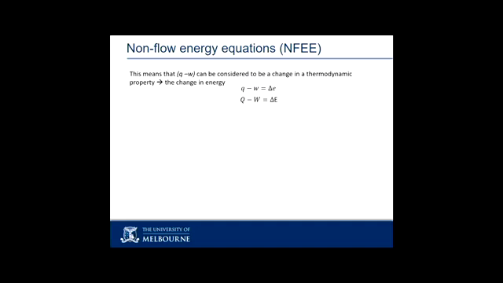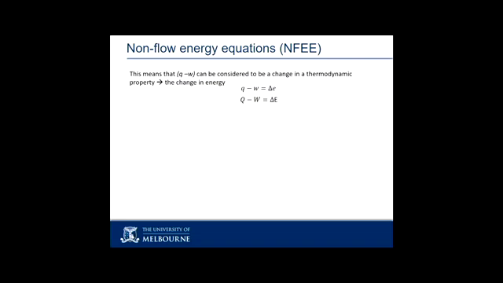All right, so that's the build-up to what we now have as the non-flow energy equations. What is up there is the conservation of energy, and it's written now with the difference between the heat transfer and the work done is the change in the energy of my system.